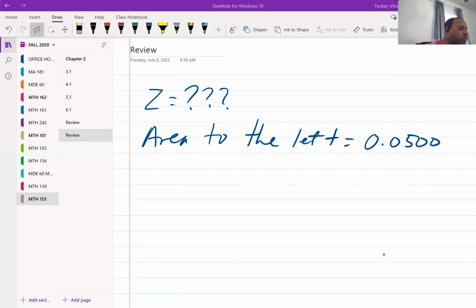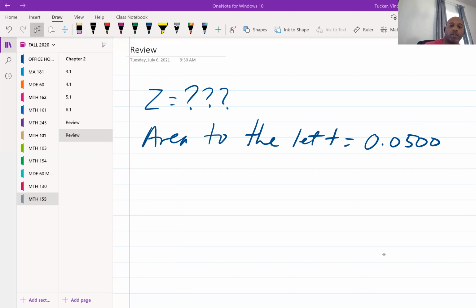All right, so this was one that they didn't have an example for throughout the notes in the book. But I left it in there because I did want to go over it, and I meant to talk about it after I posted the homework, but this is the first class for it, so I'm glad you asked the question. They want to know what is the z-score that has the area to the left of 0.05.